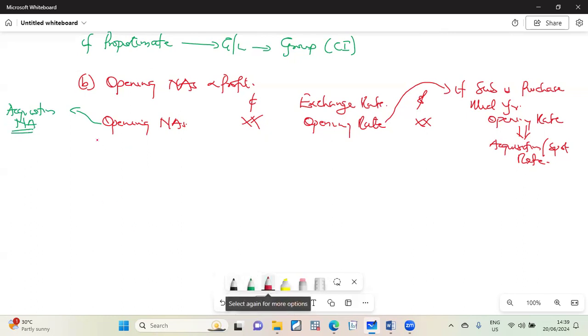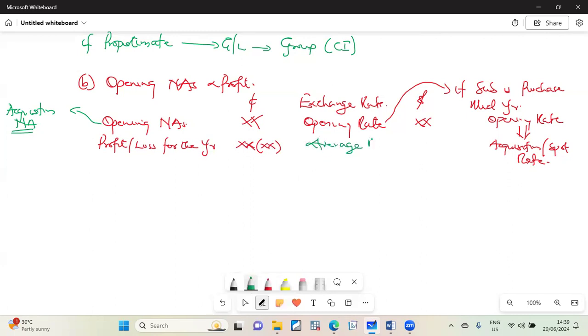Then what else do you do? You bring in your profit or loss for the year. That one too, it can be profit, it can be loss. Translate that. We said profit items are translated using which rate? Average rate. So translate that using your average rate. So you put it in here.